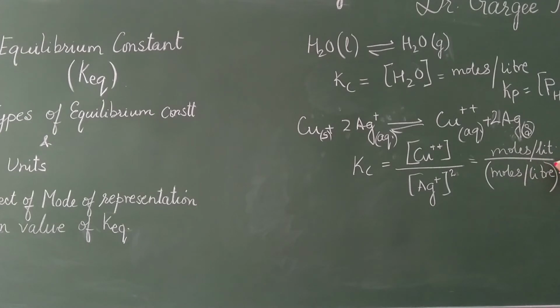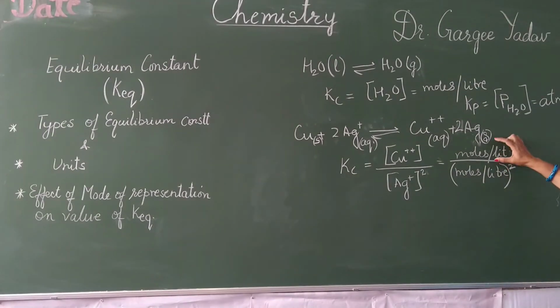So one of the moles per liter will get cancelled with one of the moles per liter of the denominator, and one moles per liter will remain in the denominator. So what we get is moles per liter raised to the power minus 1. Hope you understand this thing.